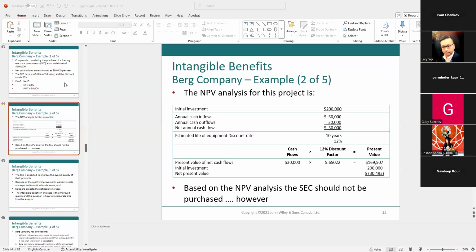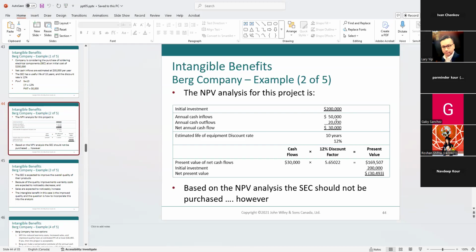Let me go back to the slides and let's look at the slides together and tell me if you understand this one. So in the first case, we have this scenario when we have the net inflow estimated of $30,000, because the cash inflow is 50, cash outflow is 20. That's how we're getting $30,000 net cash inflow.